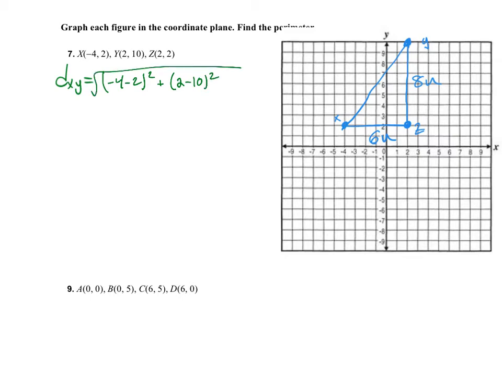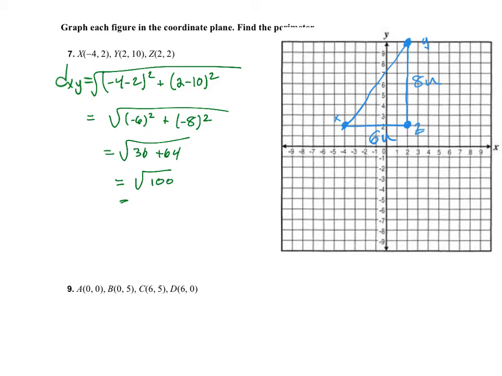So that means I have -6 squared plus -8 squared, which is the square root of 36 plus 64, so it's the square root of 100, which is 10. So this segment right here is 10 units. That means my perimeter, which is what I'm looking for here, is 6 plus 8 plus 10 equals 24 units.